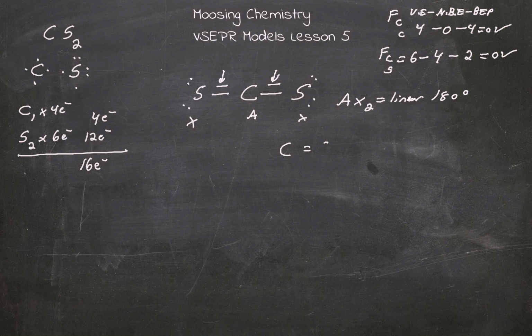So carbon would equal sp, 1 for s, 1 for p. Sulfur, on the other hand, will have something quite different. When we look at sulfur, we have a lone pair, and 1 sigma bond. So that gives me sp2.